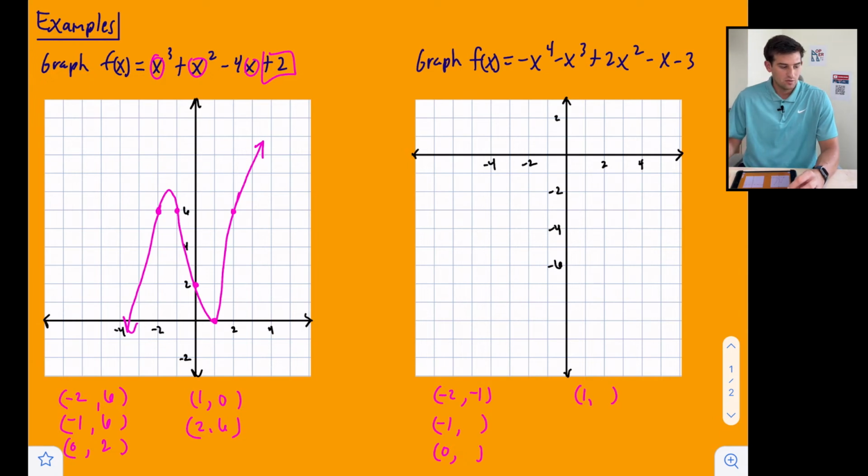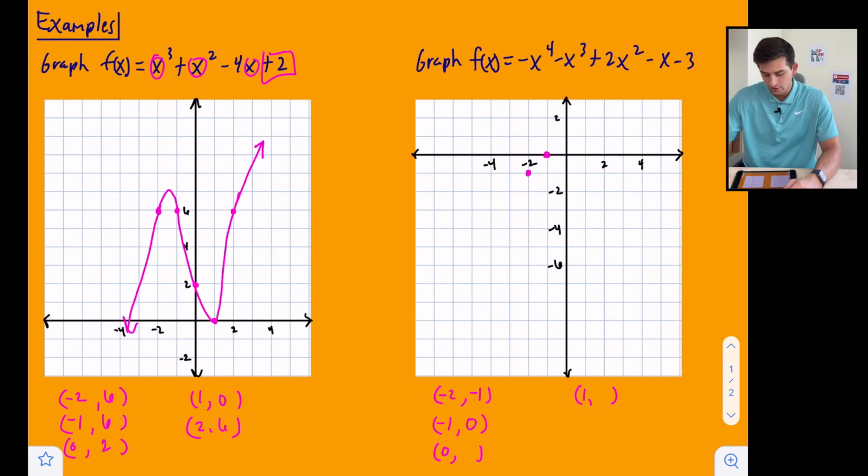So that means we have a point at -2, -1, so we can put that right there. And now let's plug in -1. So -1 to the 4th minus -1 to the 3rd power, plus 2 times -1 squared, and then minus -1 minus 3. All right, and we get 0, so -1, 0.